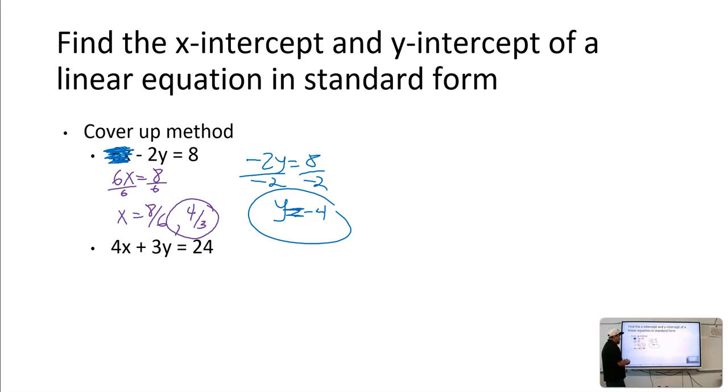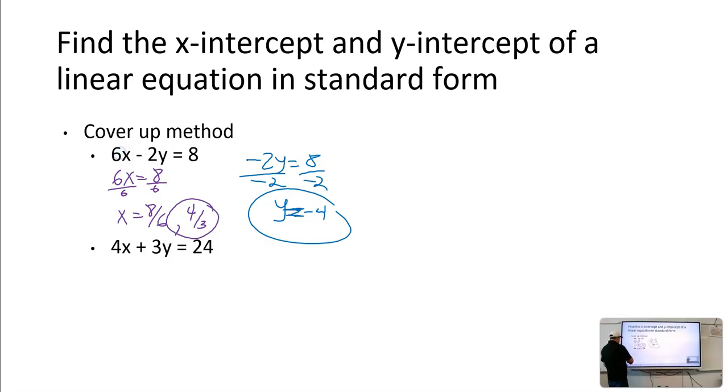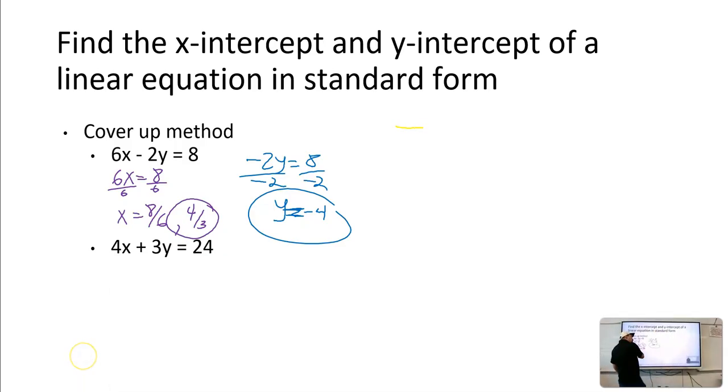Okay, now what is the slope? Let's come back up and uncover this. So our slope, remember the formula is negative a over b.